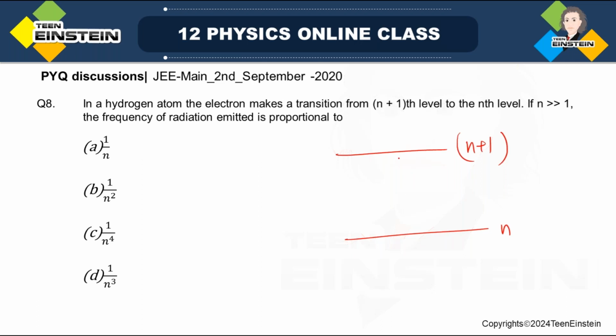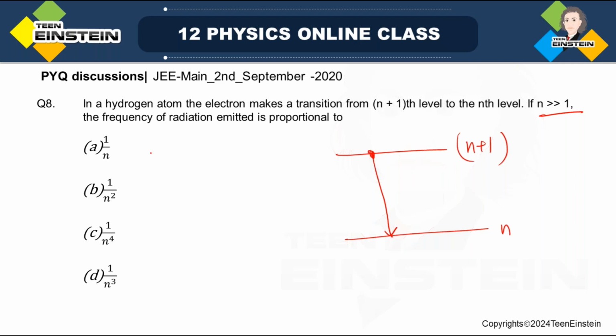So an electron is actually making a transition from here to here. The question is, if n is much greater than 1, then the frequency of radiation emitted is proportional to what?